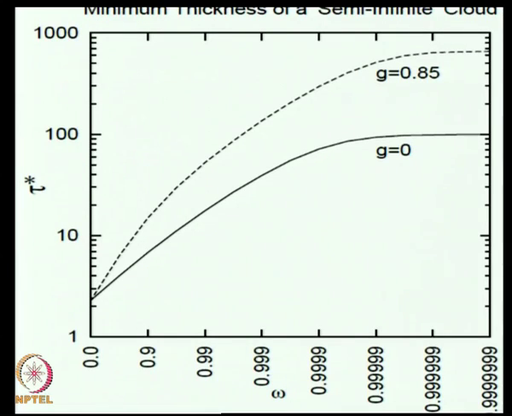Now, this graph shows the minimum thickness required to declare a cloud as semi-infinite as a function of the single scattering albedo and the asymmetry parameter.